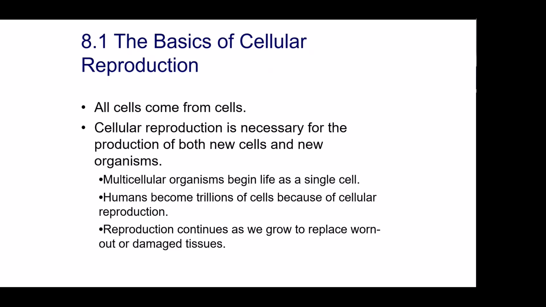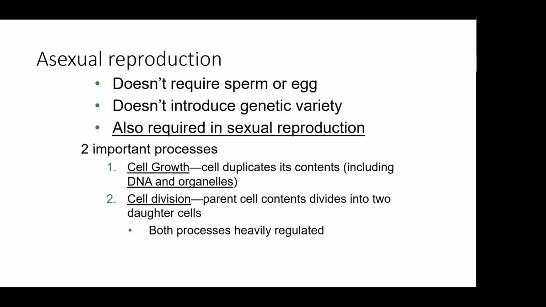And then, towards the end of this component, we'll talk about cancer being a situation where the cell cycle has gone out of control. So we'll try to see what we can do to understand that.